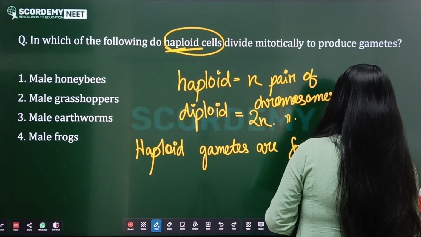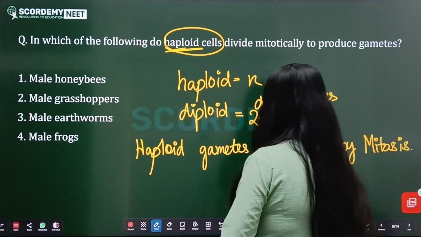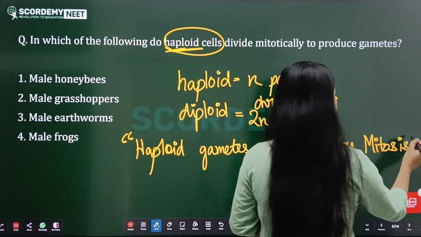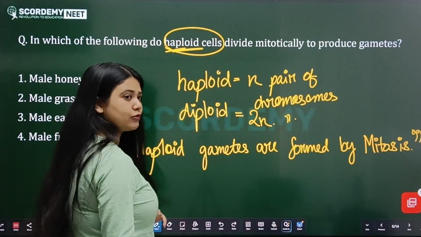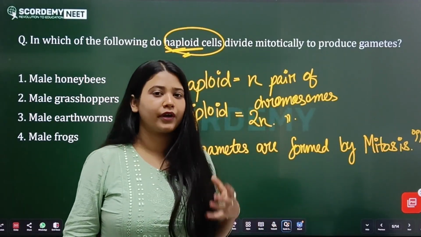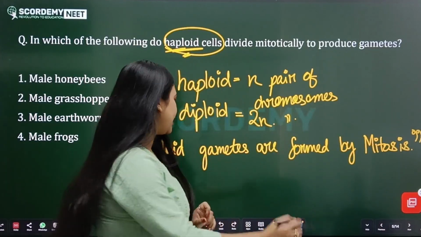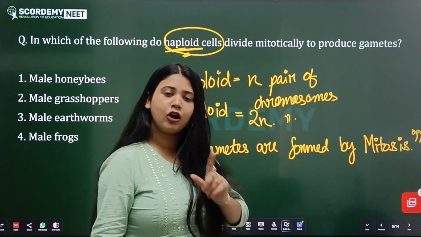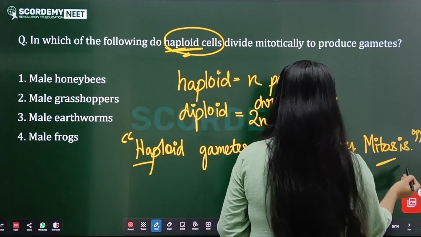Whenever you see haploid cells, haploid gametes or haploid organism, this line should immediately come to your mind: haploid gametes are formed by mitosis, not meiosis.